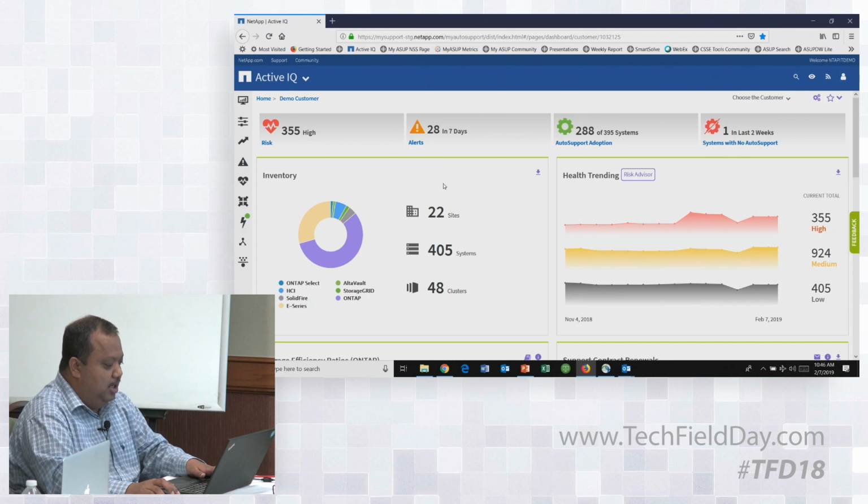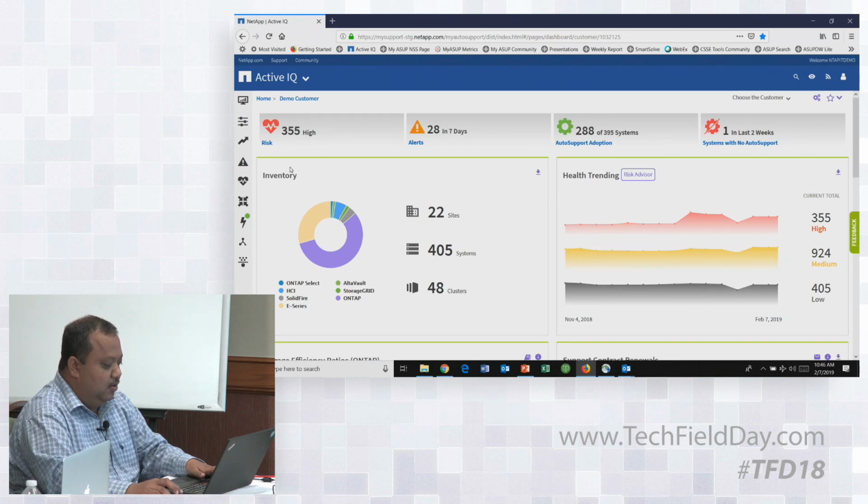Right on the top, he has an overview of the inventory, but right here on the top card, he has an overview of the risks that he has in his environment. In addition to that, there is a drill down of all the risks and the trending that he has for his environment.